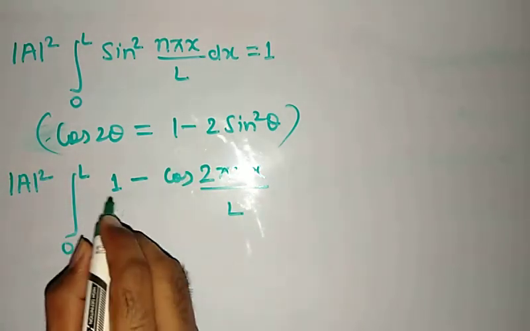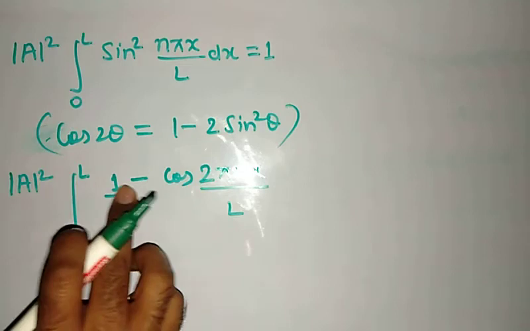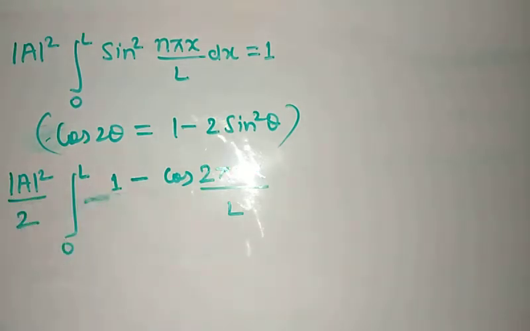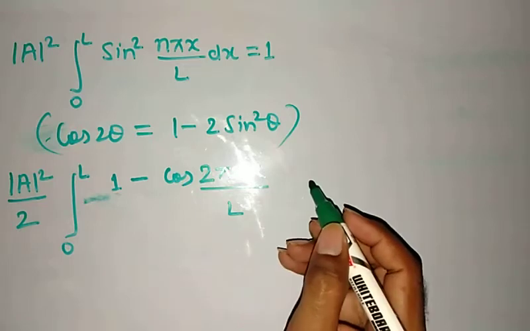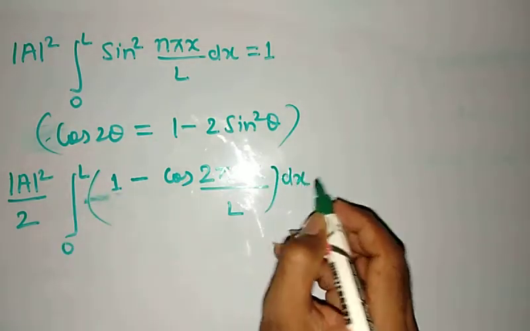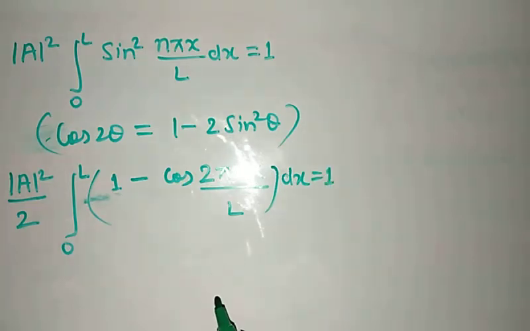By 2 means we can keep the 2 outside, and this is dx is equal to 1.